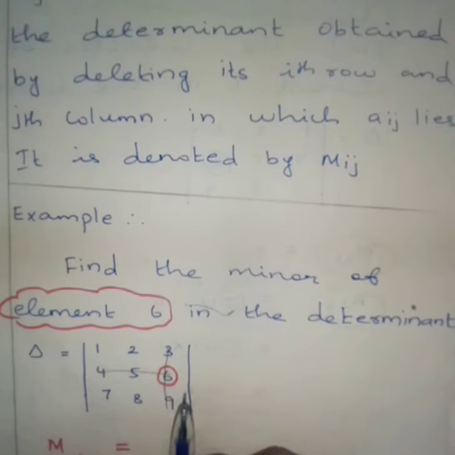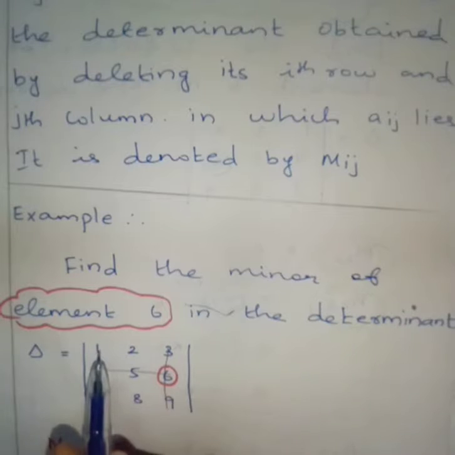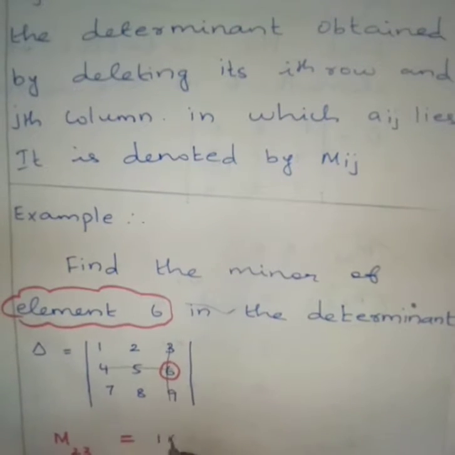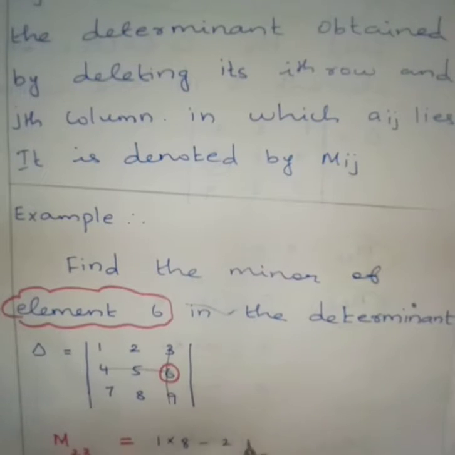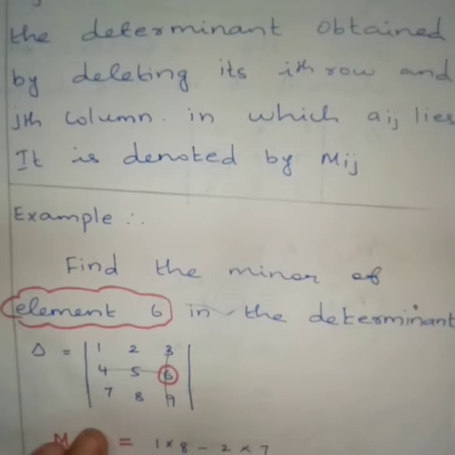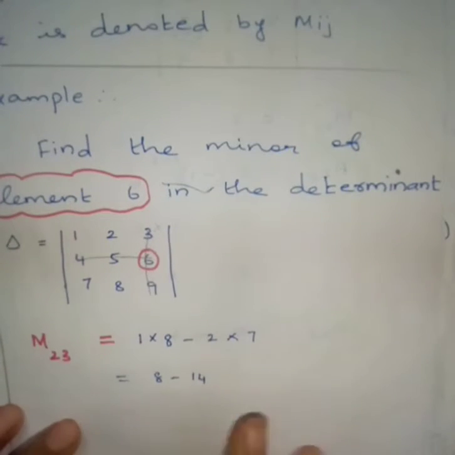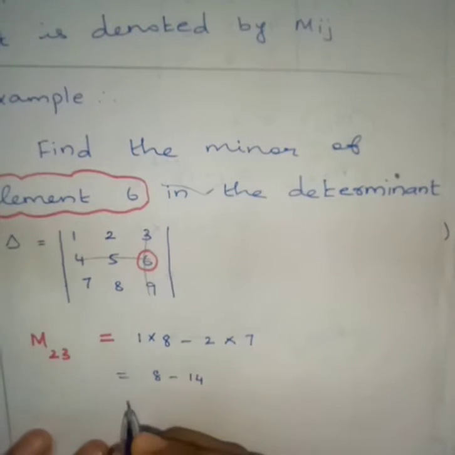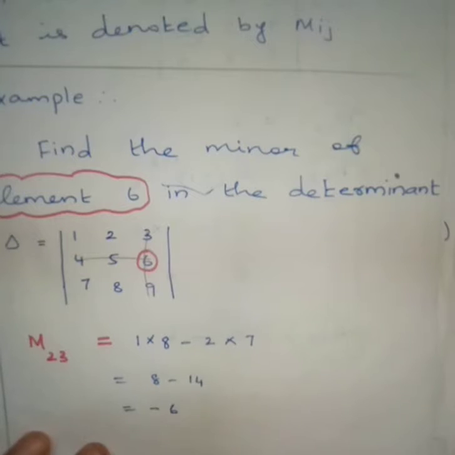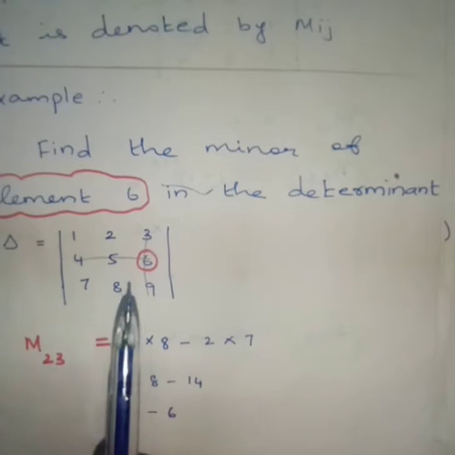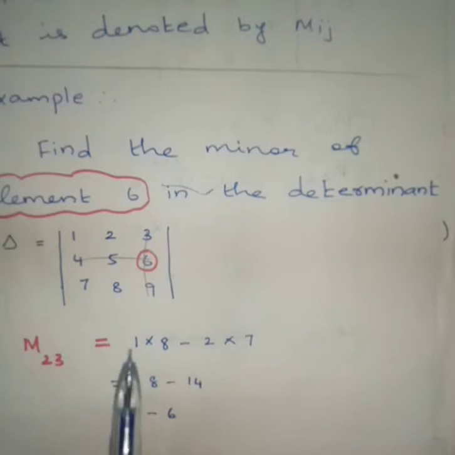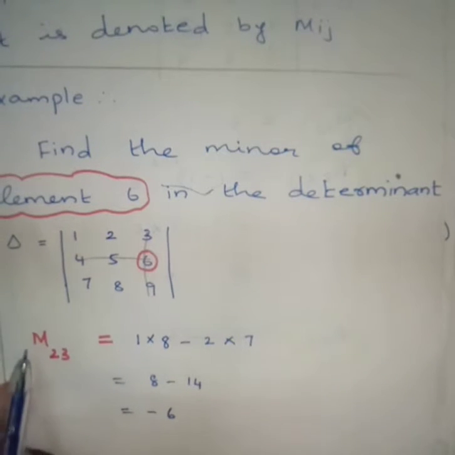So if I take that, what is left out is this term. So how will you simplify this? 1 into 8 minus 2 into 7. So 8 minus 14. Okay, 8 minus 14. So it is minus 6. So the minor of the element 6 is minus 6.